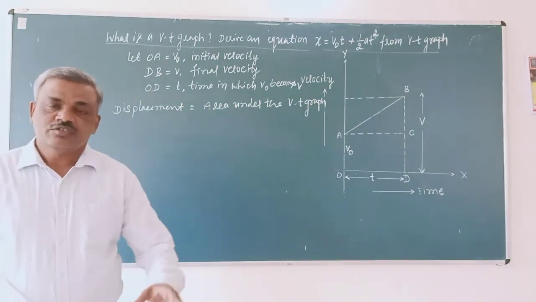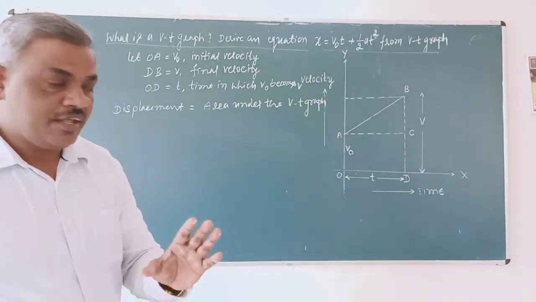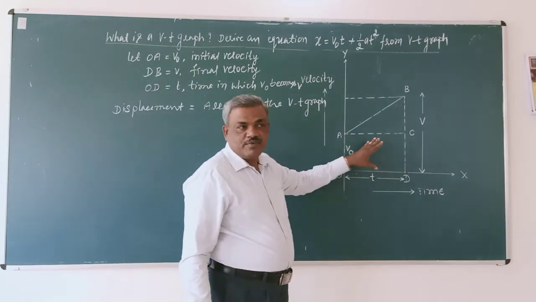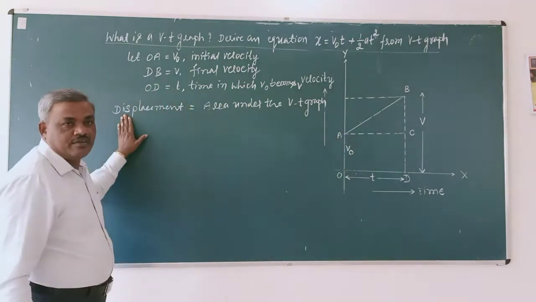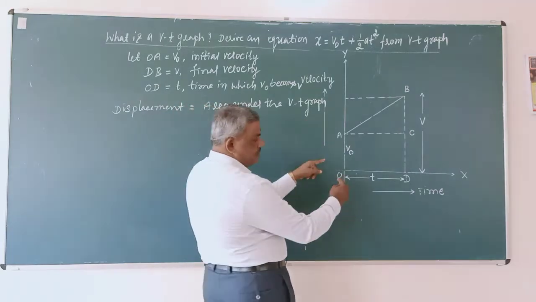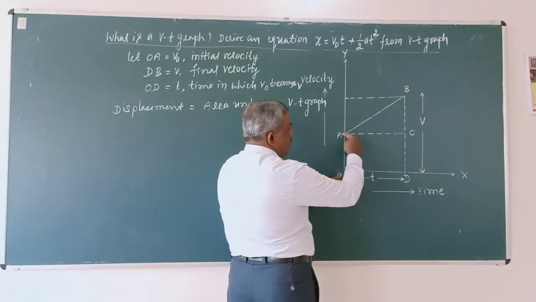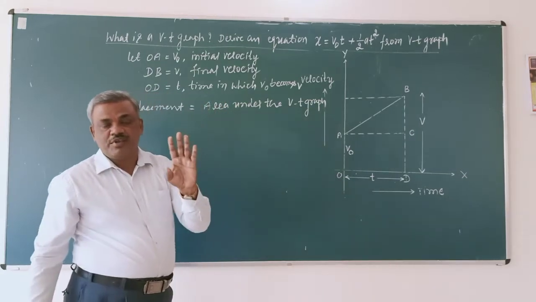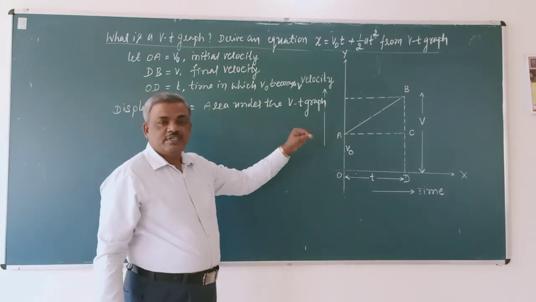Students, observe this point carefully: the area under the VT graph represents displacement. So displacement equals the area under the VT graph, the area O, A, B, C, D.